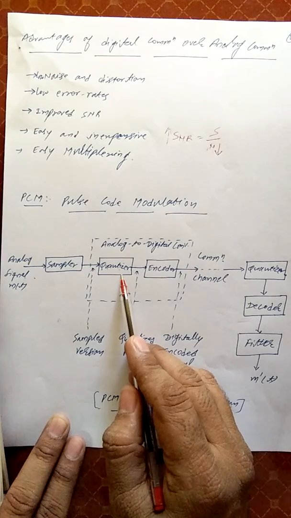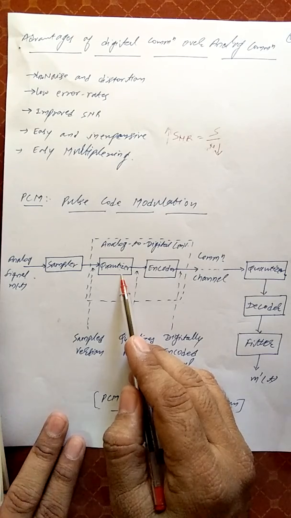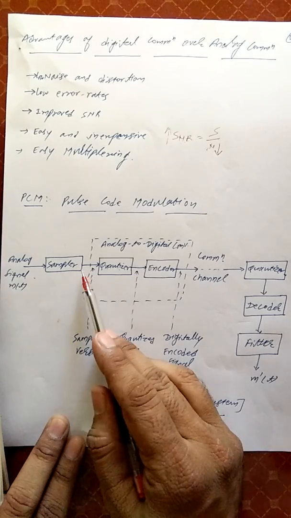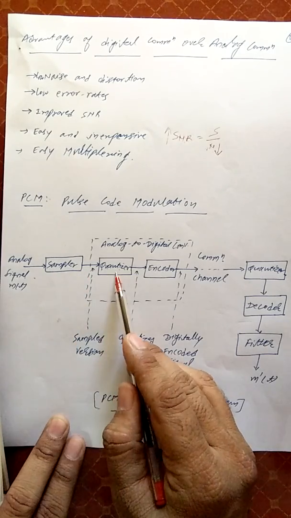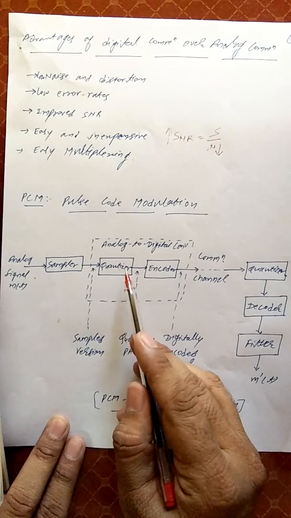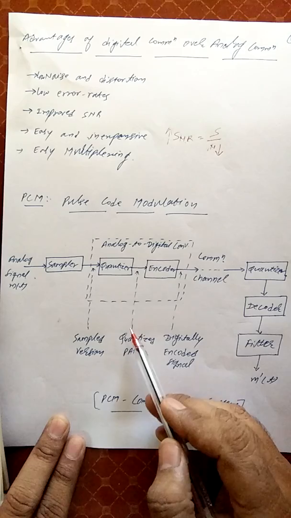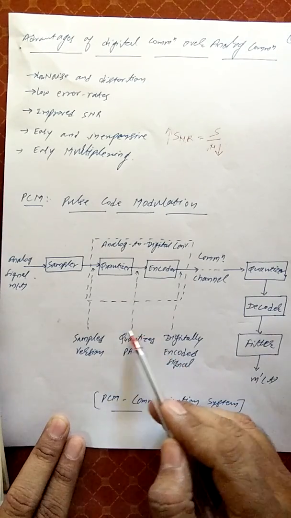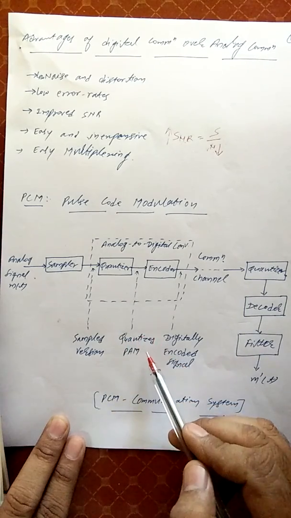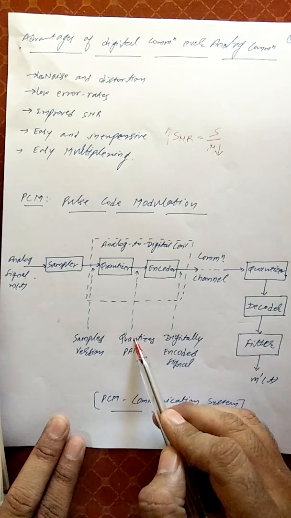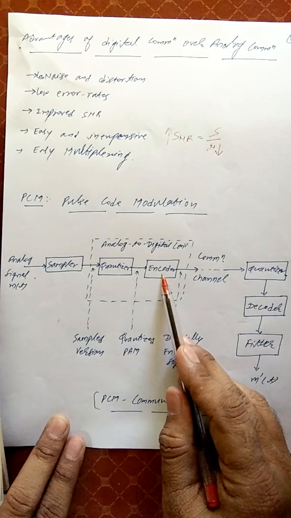As the name indicates, the quantizer quantizes the samples to particular levels. The quantizer provides the quantized levels, and the output is the quantized PAM, pulse amplitude modulated waveform, which is given to the encoder.